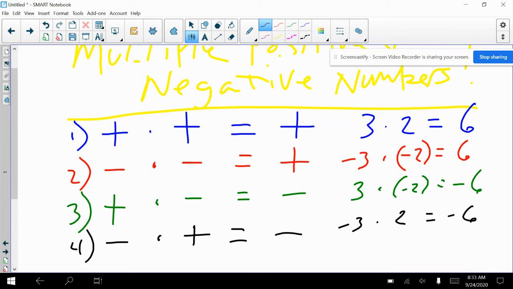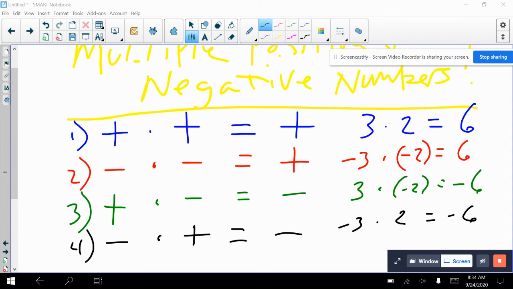So if you look at the signs in summary, if the signs are the same, what's your answer have to be? Positive or negative. If your signs are the same, your answer has to be positive. If your signs are different, it has to be a negative. That's the way it is.